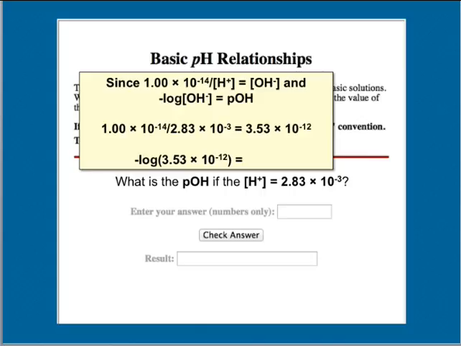So you simply take the log of that, 3.5 times 10 to the minus 12, and change the sign. 11.45. 11.46. But again, the tutorials have 5% slop built in, so it doesn't matter.